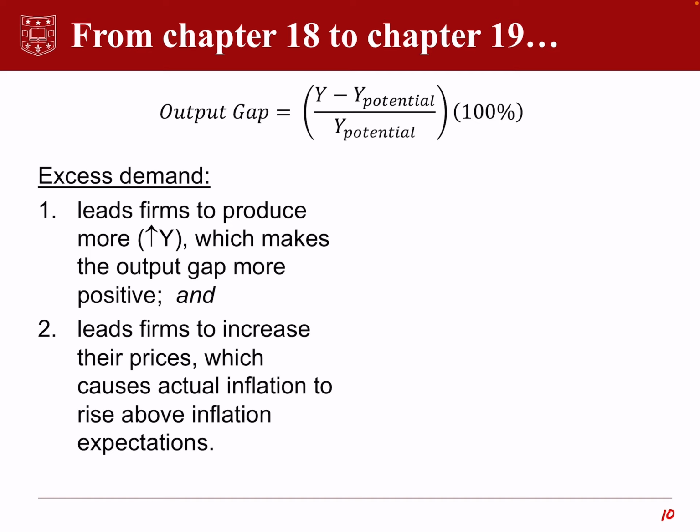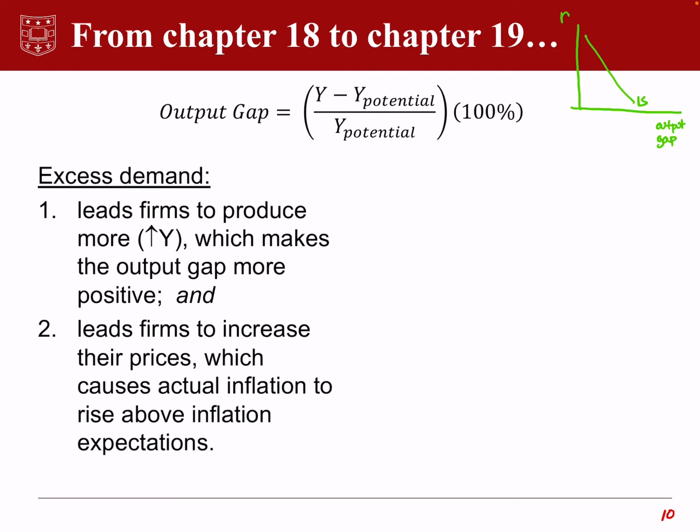So, just again, by way of reminder, this is just another way of summarizing this. In Chapter 18, we were working in our picture with the output gap. So, again, you'll recall that we had a picture where we put the real interest rate on the vertical axis and the output gap on the horizontal axis.